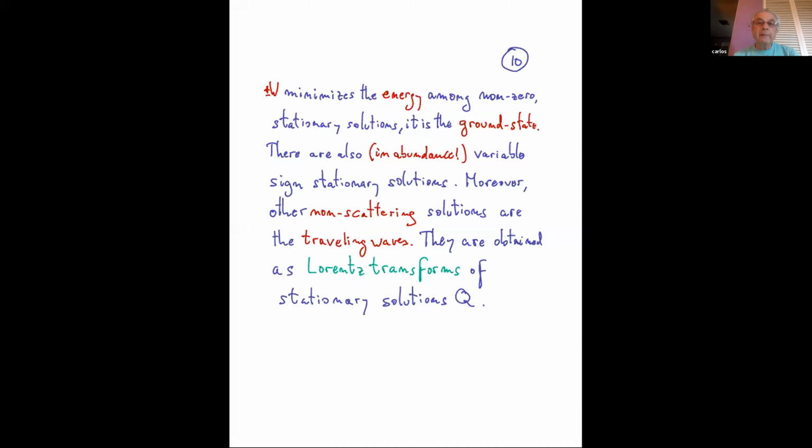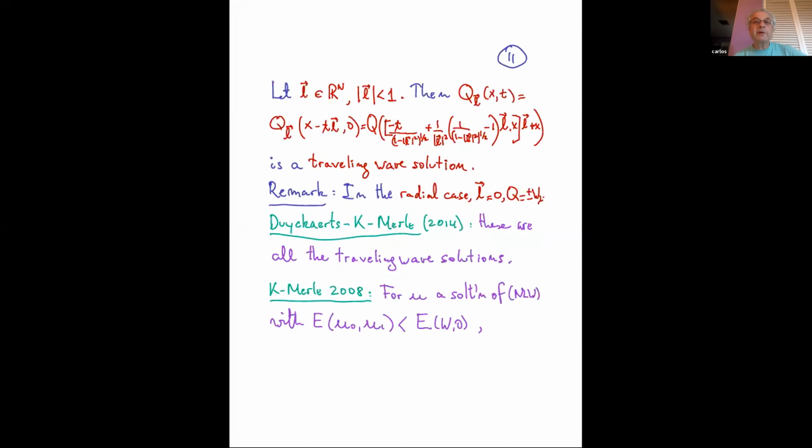So examples of traveling wave solutions are obtained by using the Lorentz transformation. The Lorentz transformation leaves invariant the class of solutions to the nonlinear wave equation. And so we look at the stationary solution as a solution of the nonlinear wave equation, and we do a Lorentz transformation to it. And so this is what we obtain.